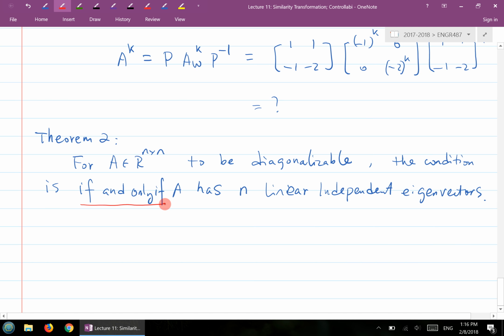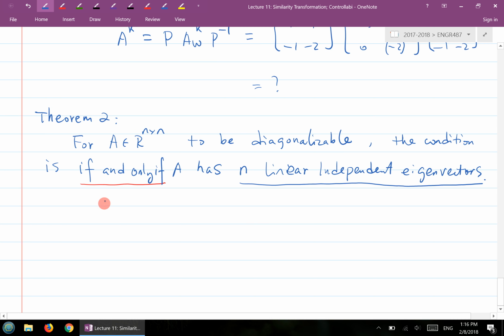First of all, what does n linearly independent eigenvectors mean? If A is an n by n matrix, then we have eigenvectors P1, P2, up to Pn, so n eigenvectors.